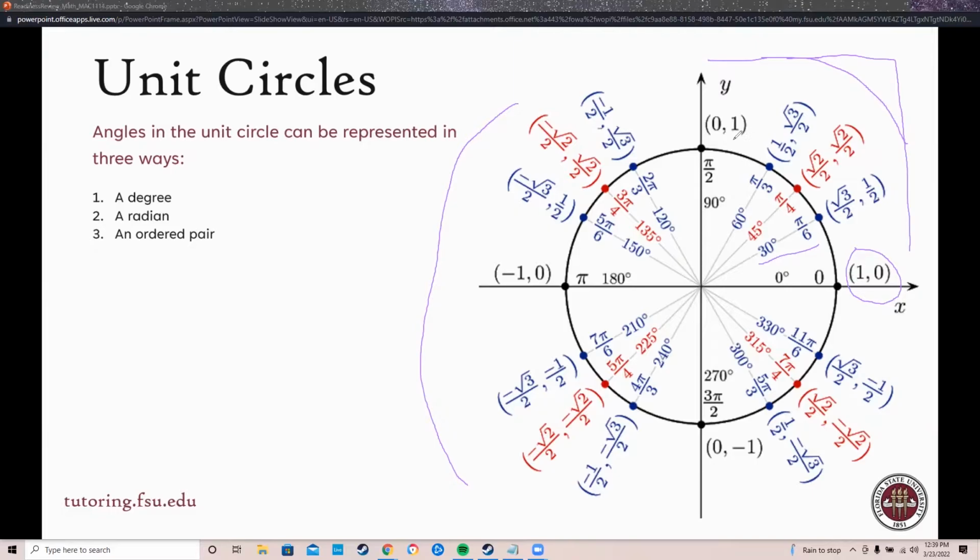And then similarly, cosine of pi over 2 or 90 degrees is 0 because we're at the y-axis. And then inversely, sine at 90 degrees is 1 and sine at 0 degrees is 0. Because remember, this value correlates to your cosine and this value correlates to your sine when it comes to the ordered pair.